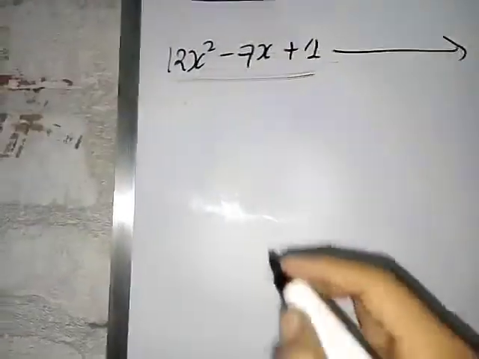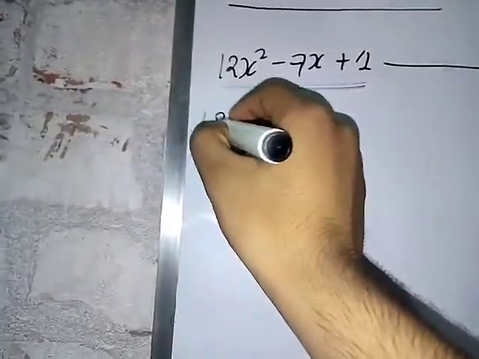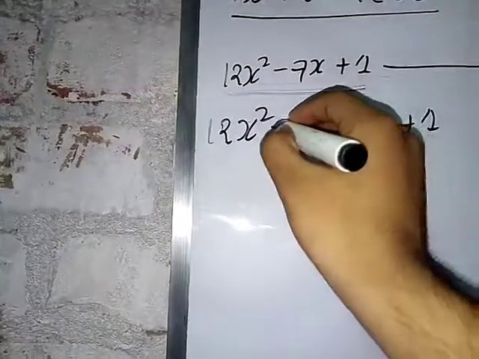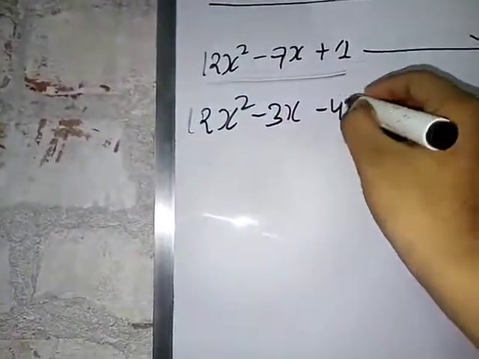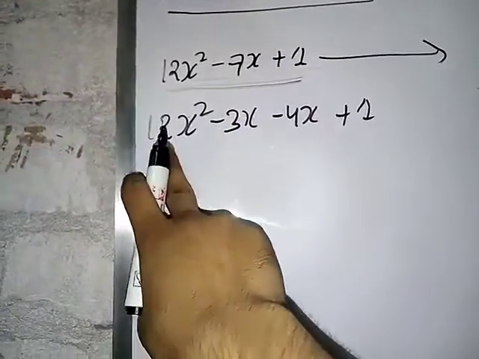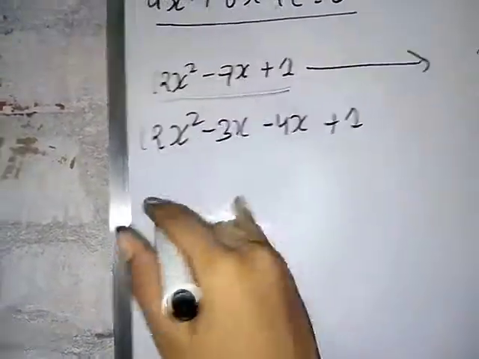By the normal way, 12x square plus 1 minus 3x minus 4x, where if we multiply these we get this, and if we add these we get this.